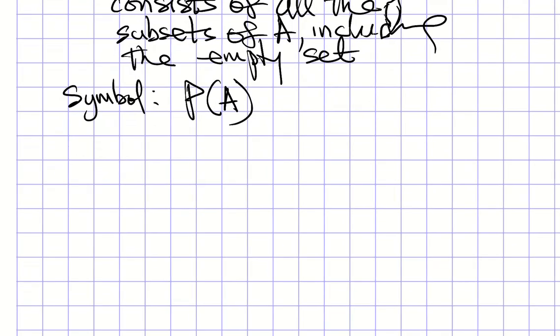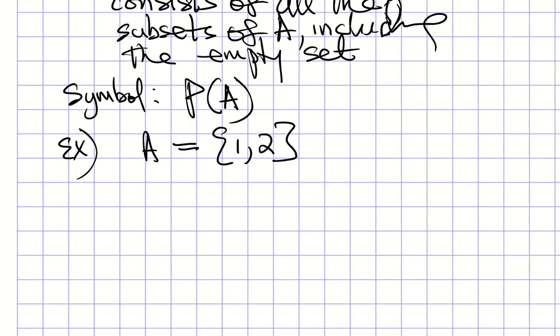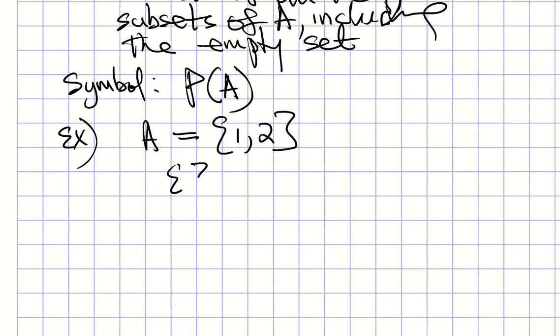Okay, so let me give you an example. Let A be equal to this set consisting of 2 elements, 1 and 2, right? Then you have the empty set.